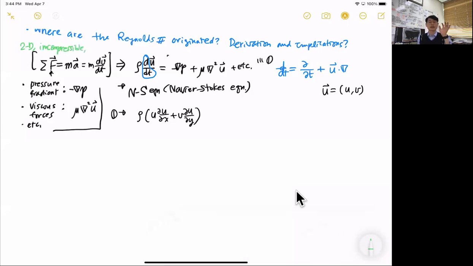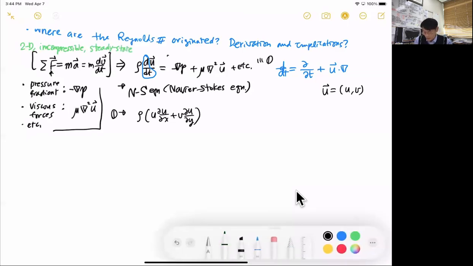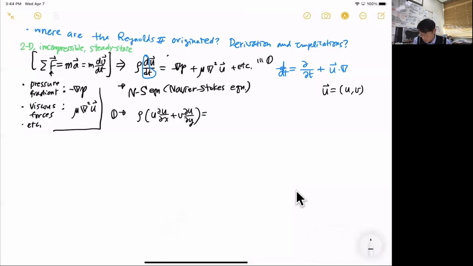It's not like air; it's like a fluid, such as blood, which is incompressible, and also steady state. For a simpler form, assume a one-dimensional case, so the pressure gradient is only ∂p/∂x, plus mu times ∂²u/∂x², etc. So this is equation 1 prime.